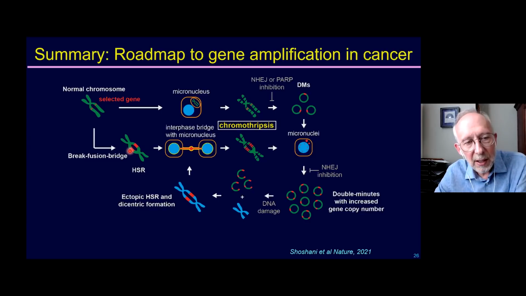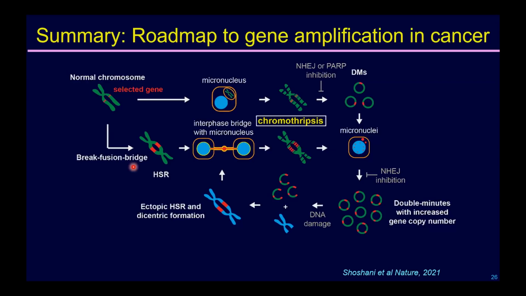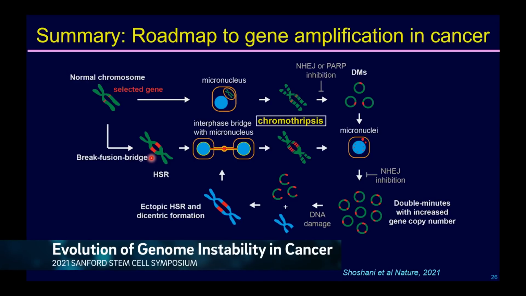I only briefly touched upon today the alternative route for gene amplification, which was by making these homogeneously staining regions using what's been called the breakage-fusion-bridge cycle, discovered initially by Barbara McClintock, but absolutely that occurs.